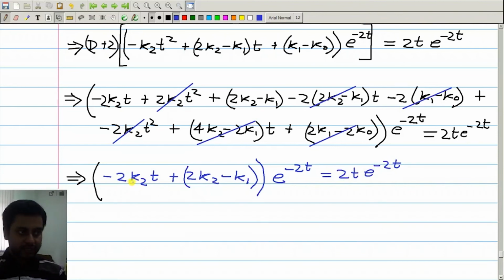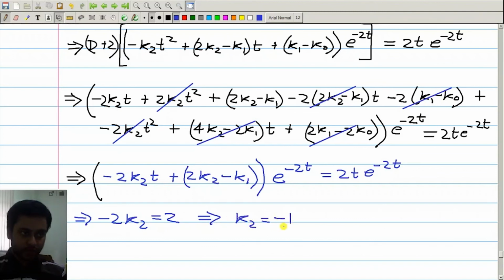Now comparing the coefficients from the left and right side, we have minus 2k2 equal to 2, implying k2 is equal to minus 1, and 2k2 minus k1 should be equal to 0.